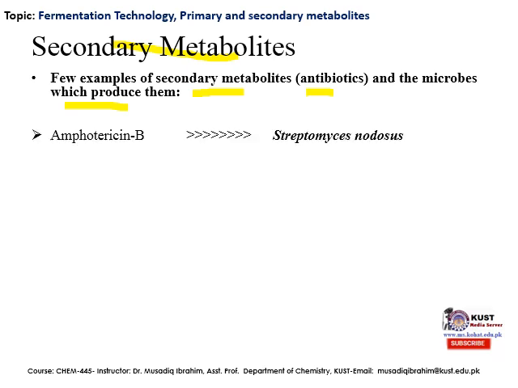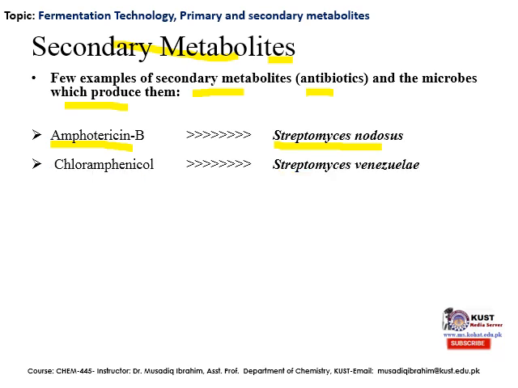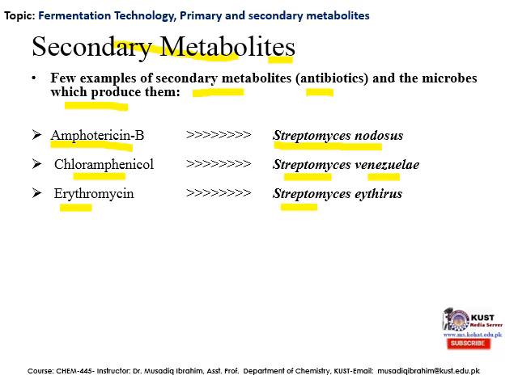For example, the antibiotic amphotericin B is produced by Streptomyces nodosus as a secondary metabolite. Another example is chloramphenicol, which is a very famous antibiotic and is produced by Streptomyces venezuelae. Another example is erythromycin, which is produced by Streptomyces erythreus.